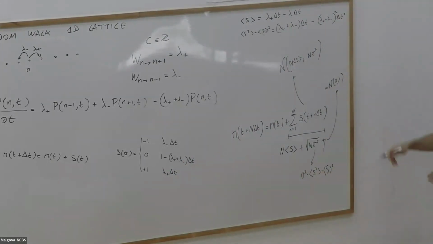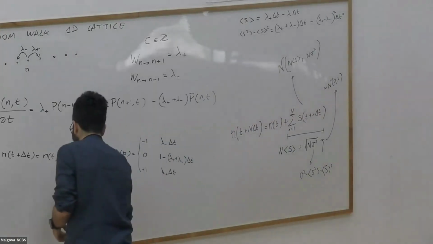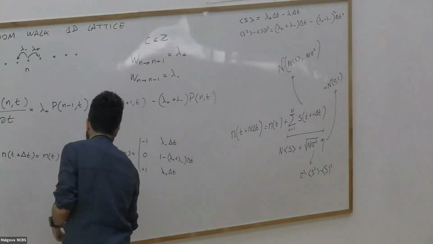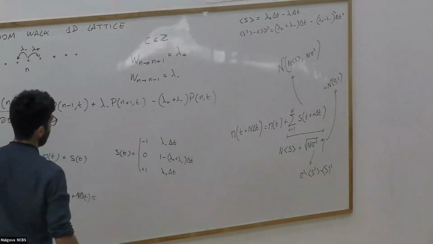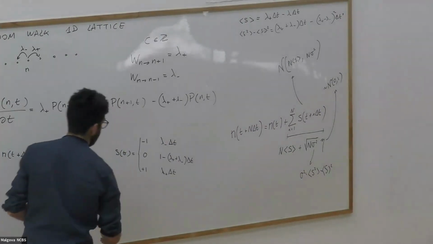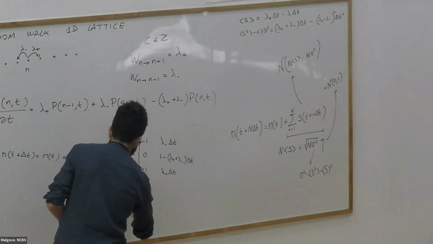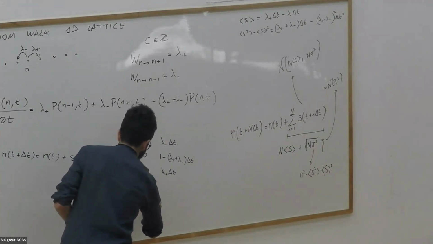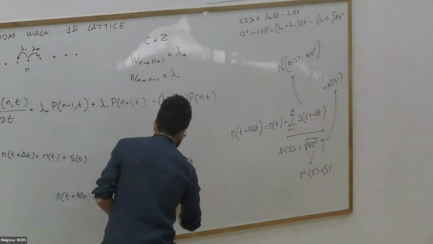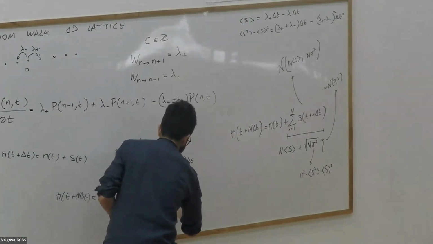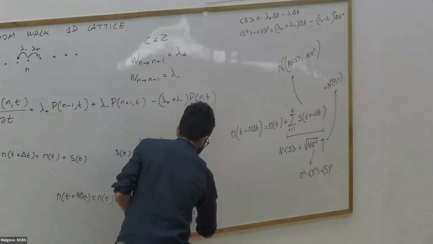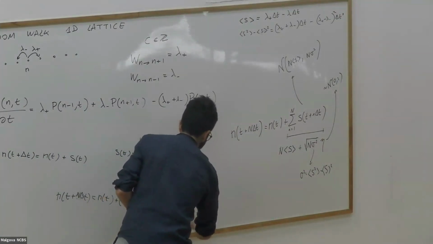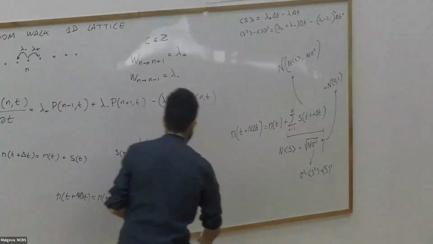Now, if we put this expression inside here, what we get is that for a long time, n of t plus t n delta t will be equal to n of t plus lambda plus minus lambda minus n delta t plus square root of n lambda plus plus lambda minus delta t, plus another term that I will not write, times eta.